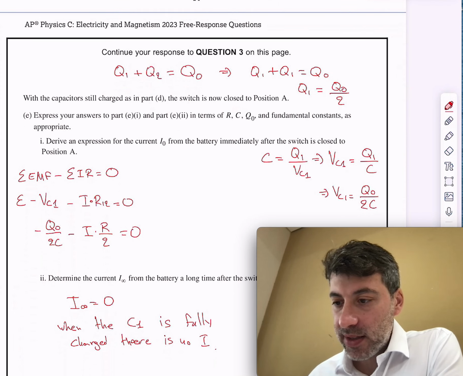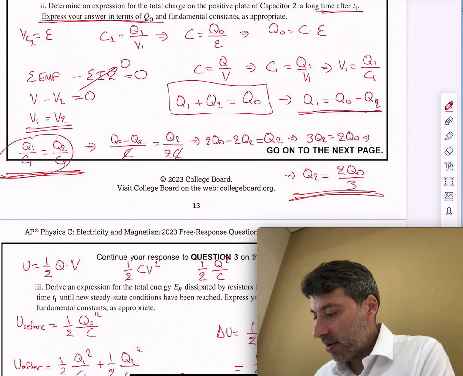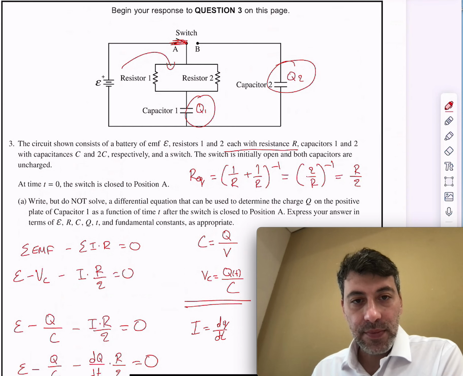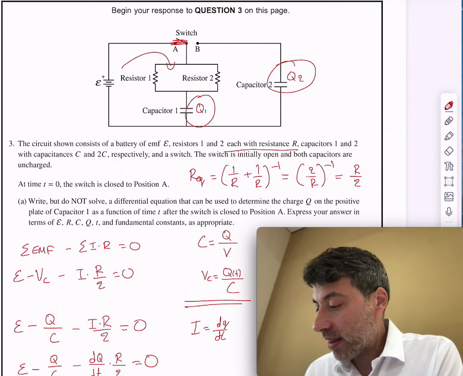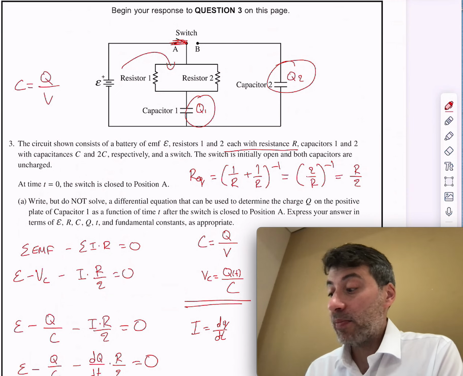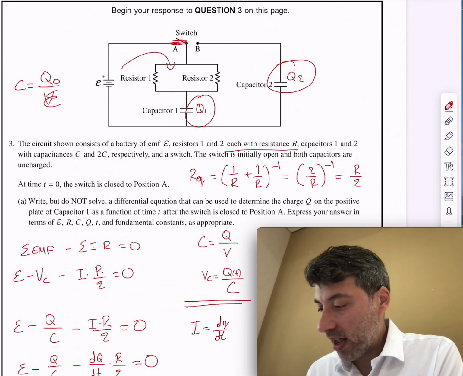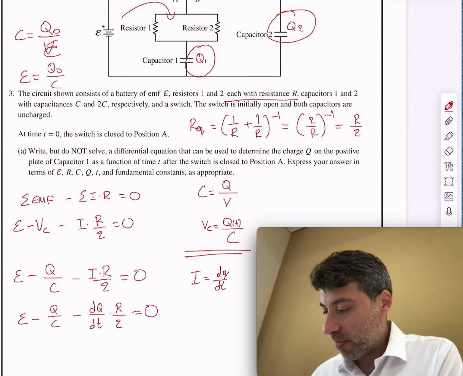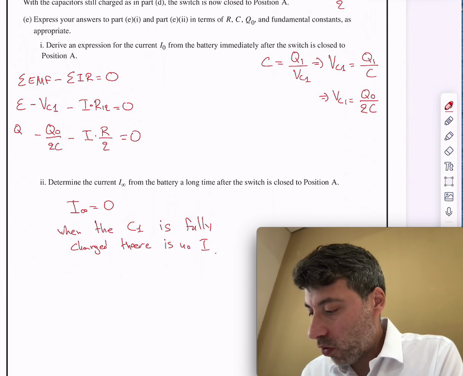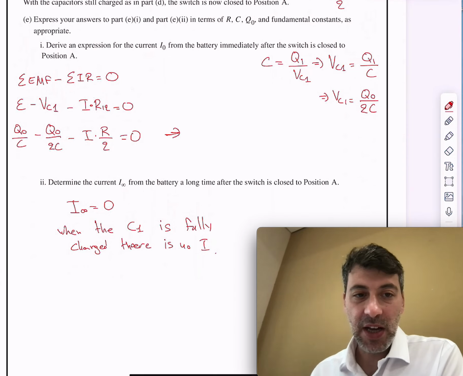I think that we have proved something about the E. Now, when the capacitor will be fully charged, the capacitance will be Q over V. The maximum charge was Q0, and the V was E. So we had that the E is equal to Q0 over C. So we can replace this with Q0 over C. So what remains is Q0 over C minus Q0 over 2C.